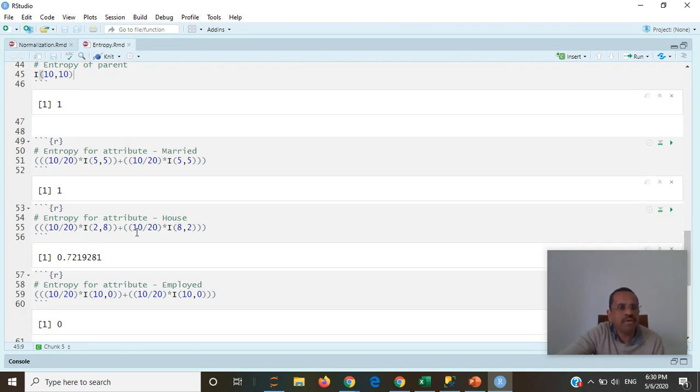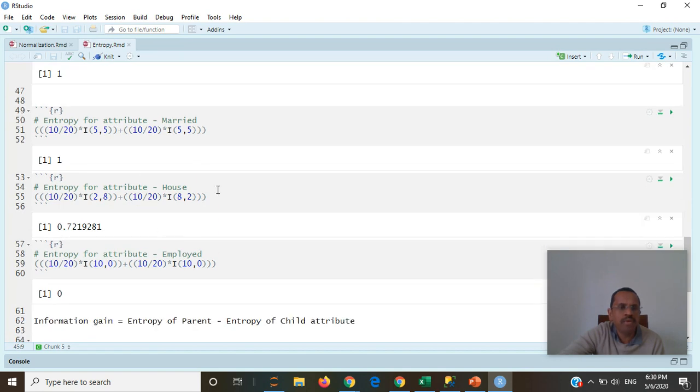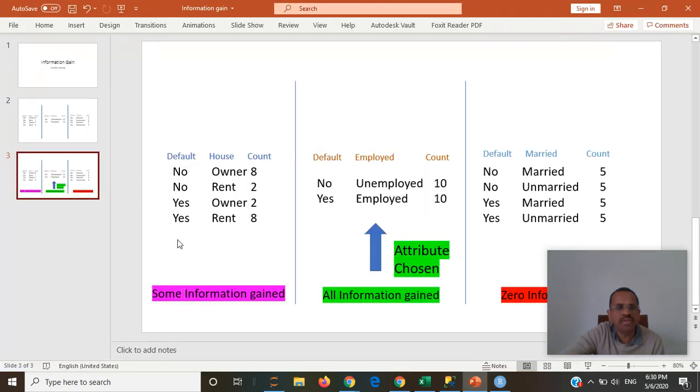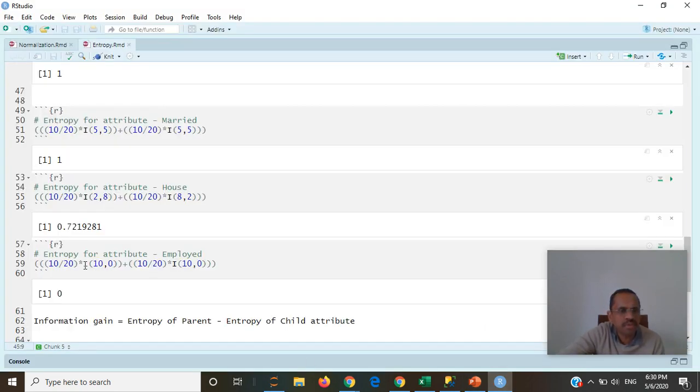Then we calculate the entropy of the attribute housing, or whether the person owns a house or not. We get a little bit of information from this house attribute. If the person is renting a house, then there is more chance that the person will default. So we get a little bit of information, but the entropy of housing is 0.72.